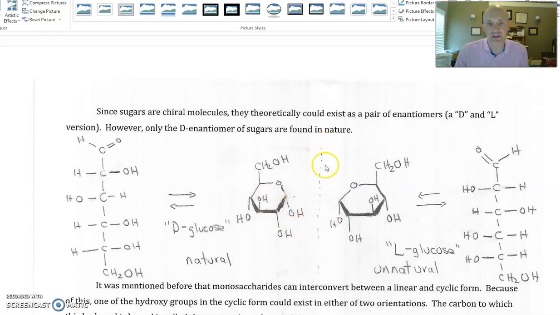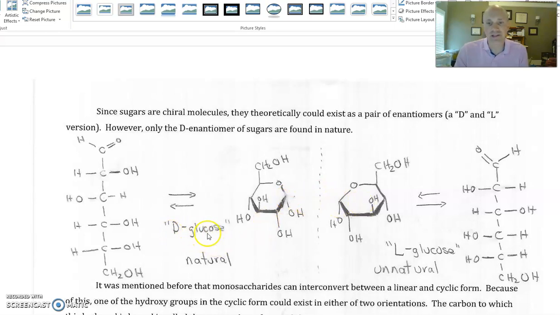We could draw an exact mirror plane image of that molecule. And again, remember what you call mirror plane isomers of materials that have chiral centers. These are enantiomers.